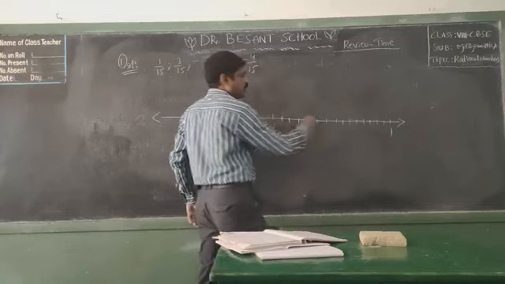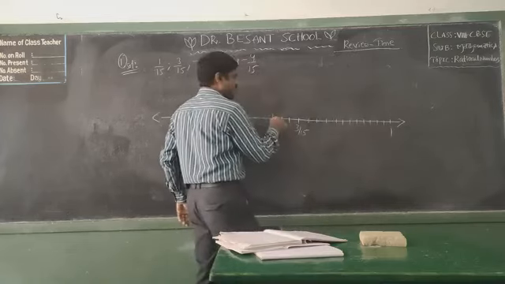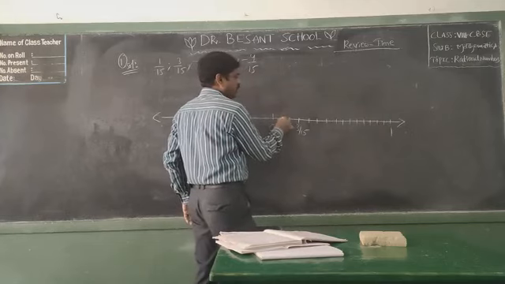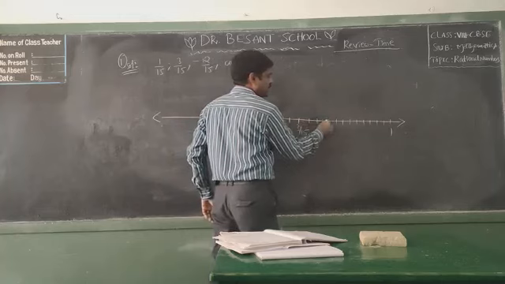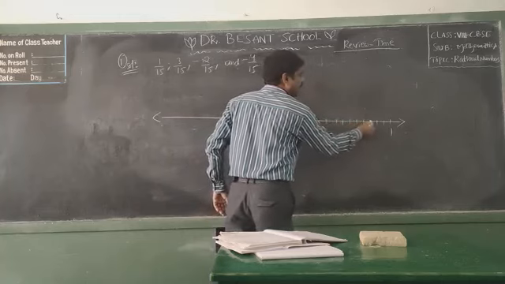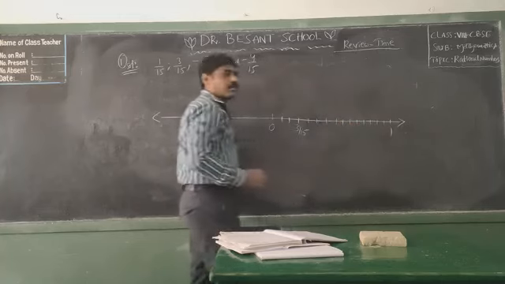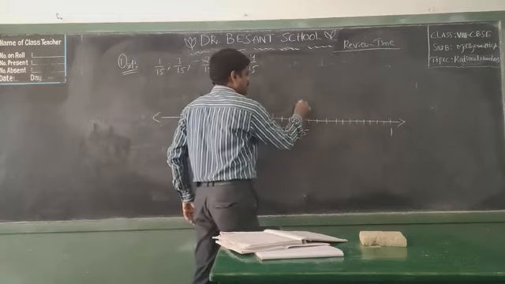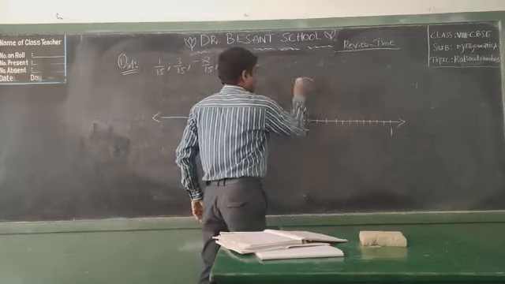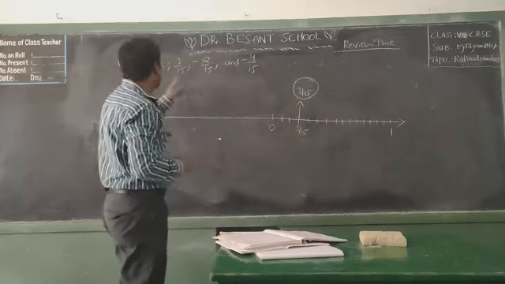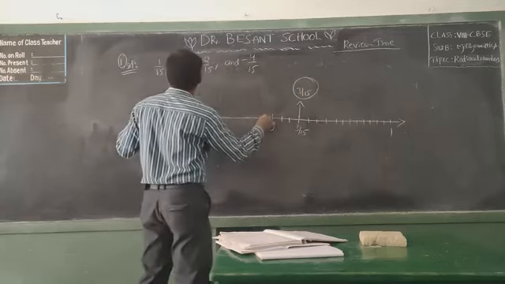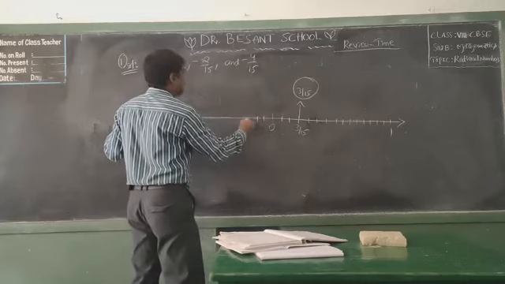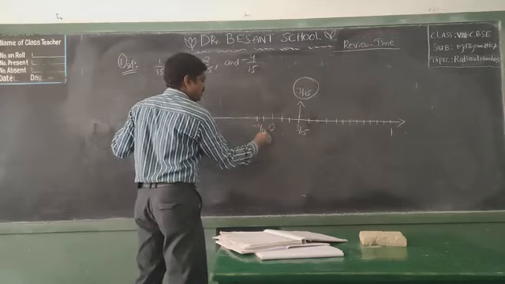So this 1 unit from 0 to 1 is divided into 15 equal parts. 1, 2, 3, up to 15. Okay. Next, this third part indicates 3 by 15.